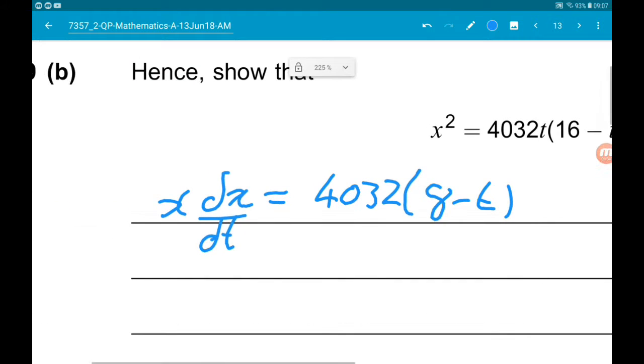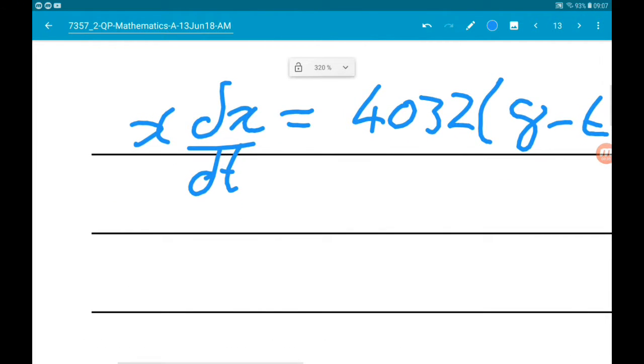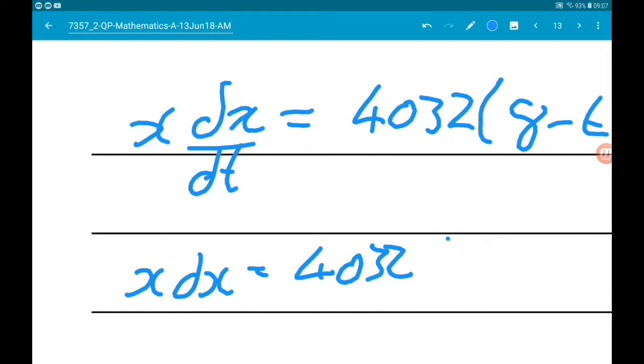Now if we multiply by dt, we get x dx is 4032(8 minus t) dt.